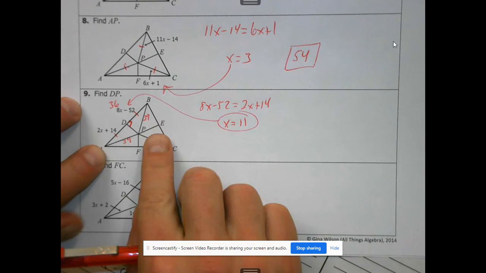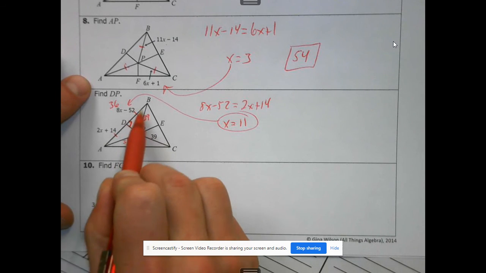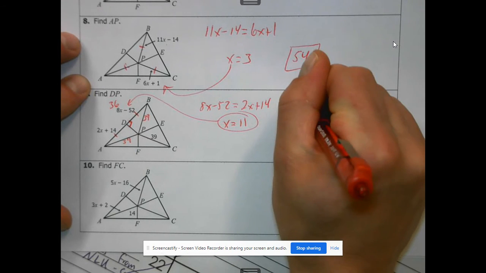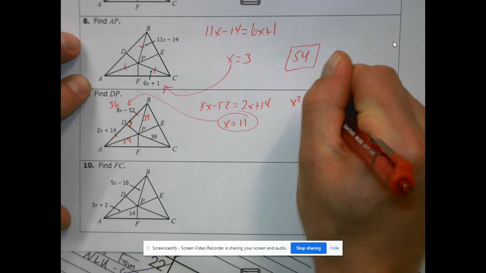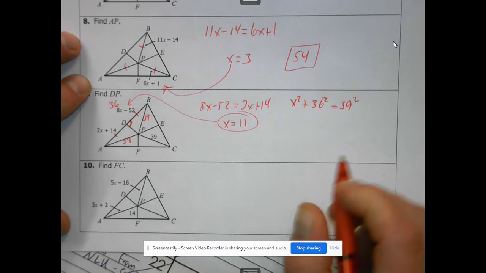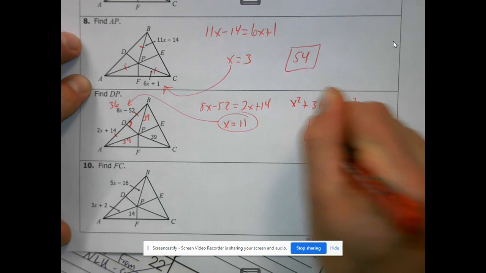Now I can do Pythagorean theorem, right? A squared plus B squared equals C squared. So set up X squared plus 36 squared equals 39 squared. If you solve that out, it comes out to be 15. That is your solution.